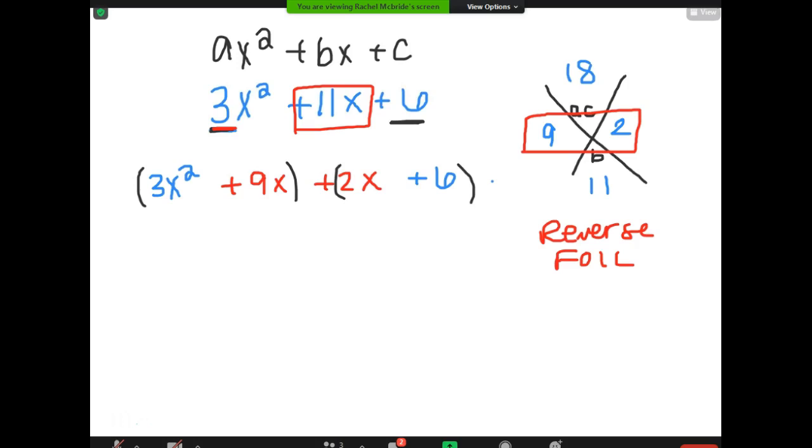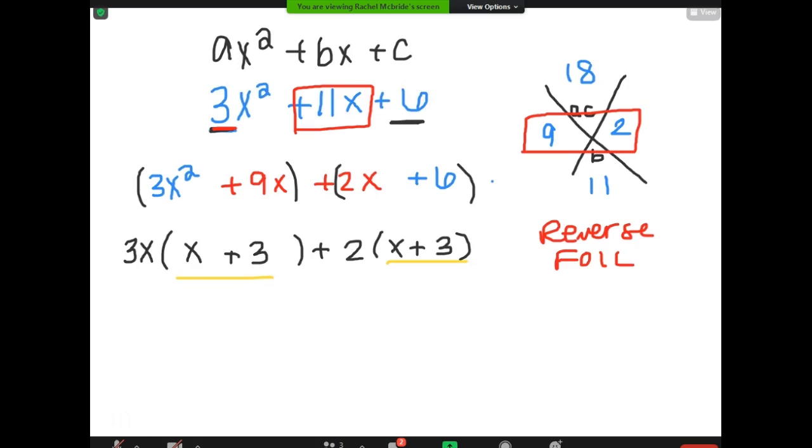So the GCF of 3x squared and 9x is 3x. That leaves behind x plus 3. The GCF of 2x plus 6 is 2. That leaves behind x plus 3. Remember that when you do factor by grouping, what's left behind should match.